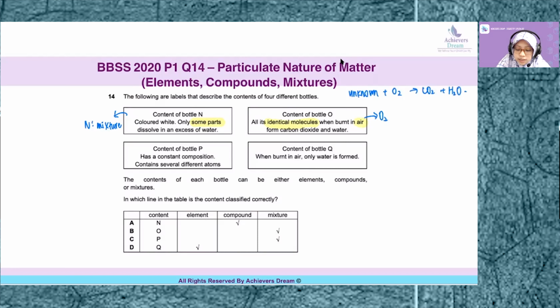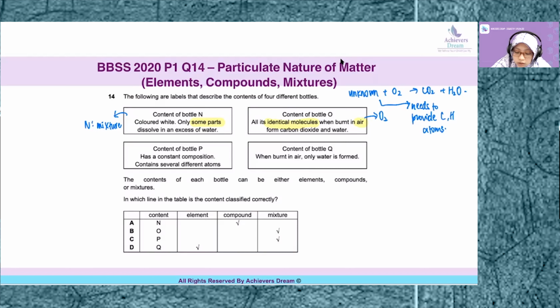This means that this unknown needs to provide both carbon and hydrogen atoms, correct? So you know that this is not an element already. The content in bottle O could not be an element because there are 2 different elements present. So bottle O can either contain a compound or a mixture.